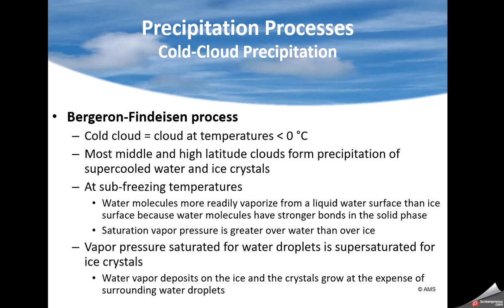If you have a frozen substance, ice, it has a lower kinetic energy. So it's easier for water to accumulate on ice. The saturation pressure is lower over ice than it is over water. So therefore, the vapor pressure will be a gradient towards ice crystals.